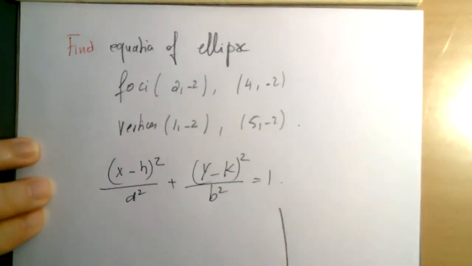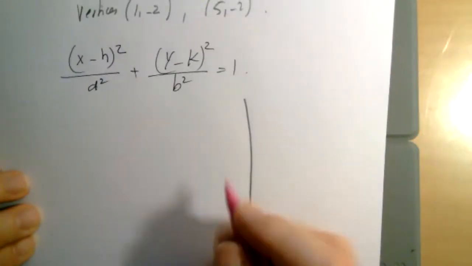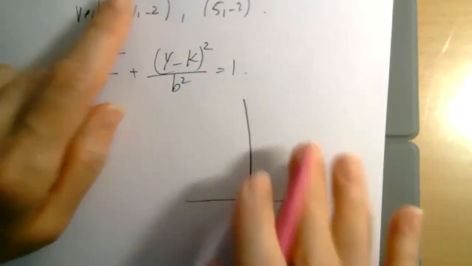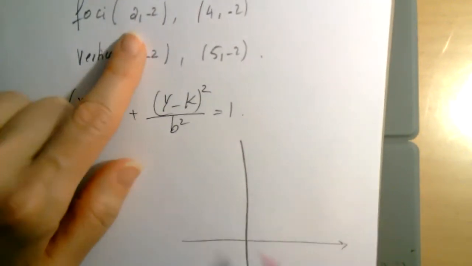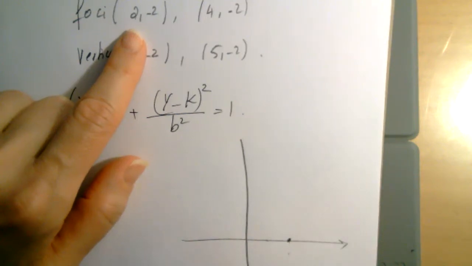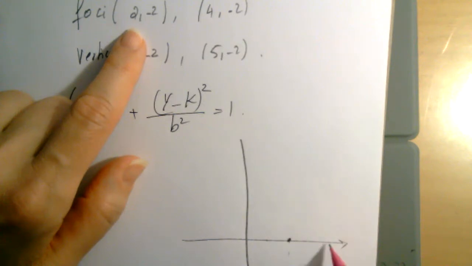I'm going to draw a little picture, because I think a little bit geometrically. The foci are at (2, -2) and also at (4, -2), so I have to think this way: 2 here, and 4 somewhere here.